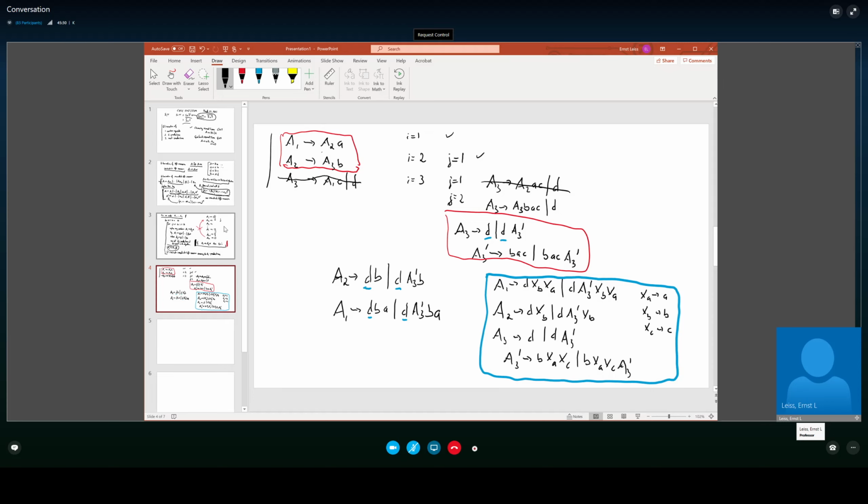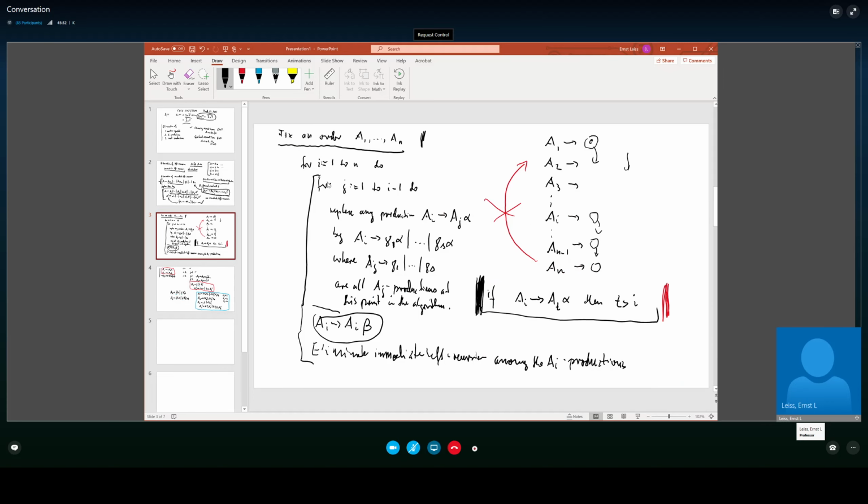So what you can see here is, of course, that it is crucial that you stick to the order and you do strictly j is equal to 1 and then j is equal to 2 and so on until you get to j is equal to i minus 1.